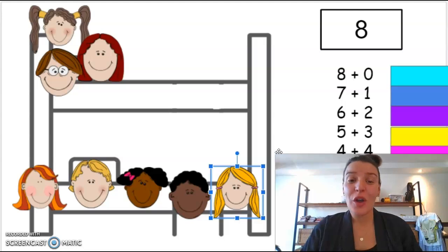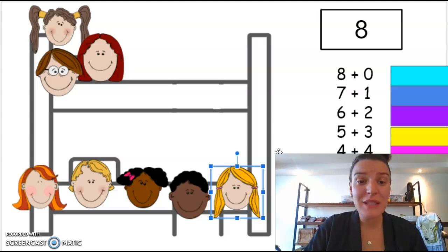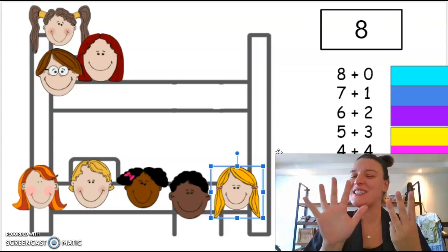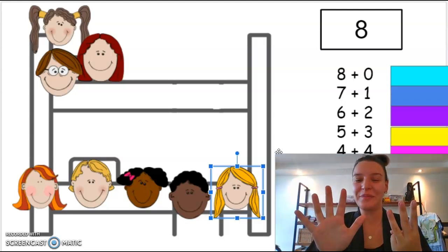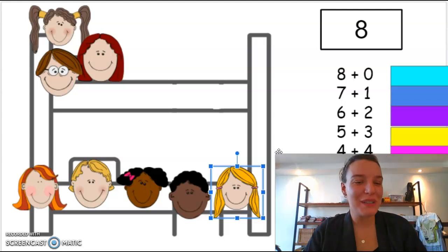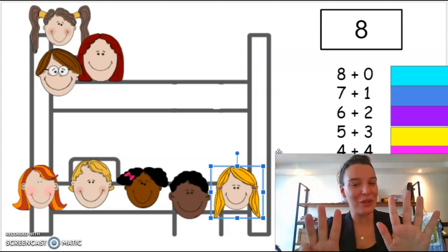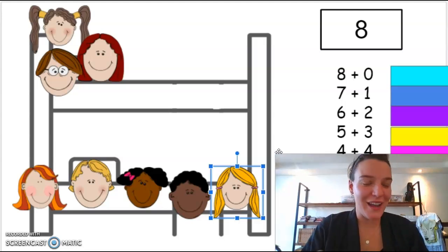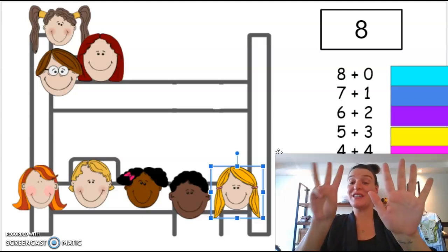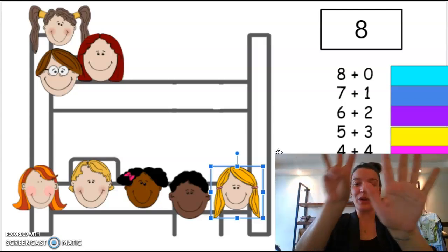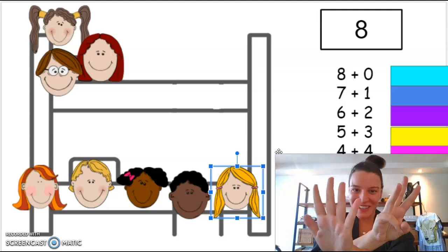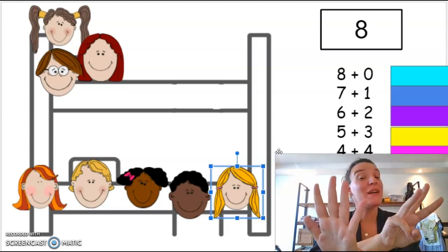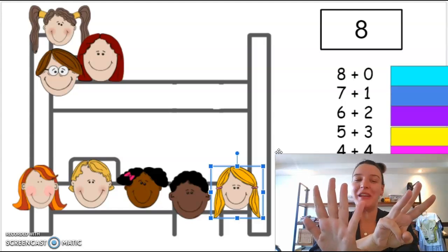But actually, what I want us to start thinking about is how 3 plus 5, even though it still equals 8, it's a new combination than 5 and 3. I want our brains to recognize that even though you have the same number, when you switch it, we still get 8, but it's a little bit different. It becomes a new combination in the bunk bed investigation.